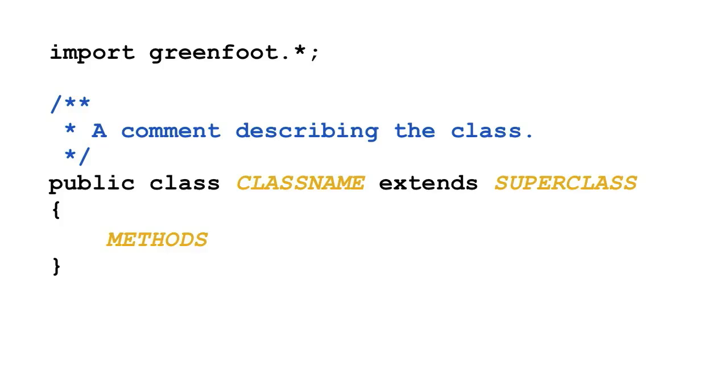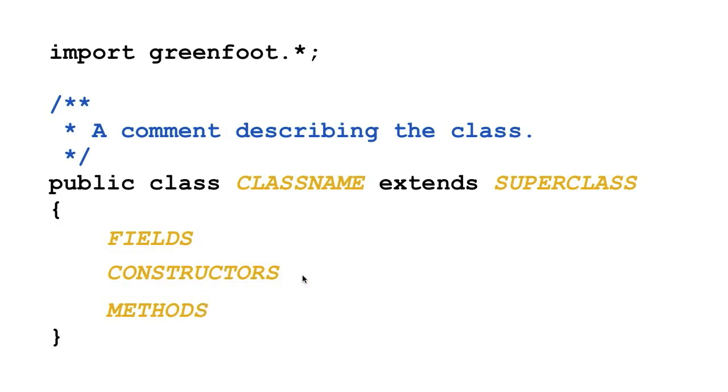This picture is not quite complete. It is complete as far as we have seen it so far, but in fact there are two more things. Inside the curly brackets, which is called the body of the class, we can also have fields and constructors, which are both elements that we haven't seen yet, but that we will look at next. This is just for completeness' sake.